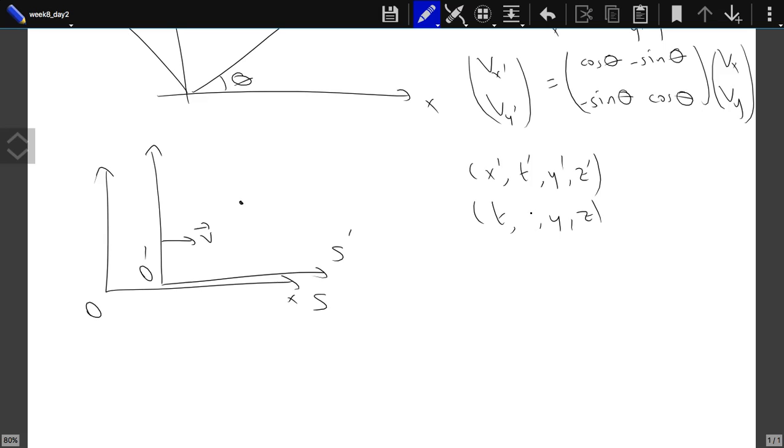At the time T, that point will have the coordinate X. In the other reference frame, at the time T prime, it will have the coordinate X prime. Now, this X prime is basically this distance measured in the S prime frame. And this X is this distance measured in the S reference frame.